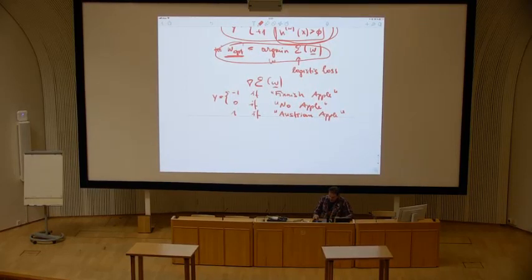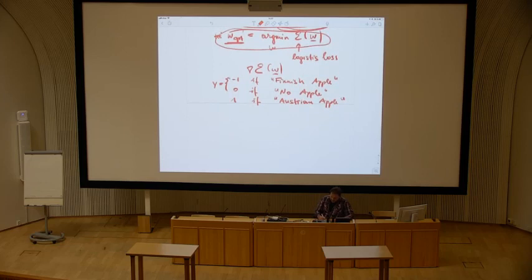And one standard way to do this is to break this into binary subproblems. So break this into a binary classification problem where you transform these labels into a new label, which is -1 if Finnish apple and +1 if not, so if either no apple or Austrian apple.